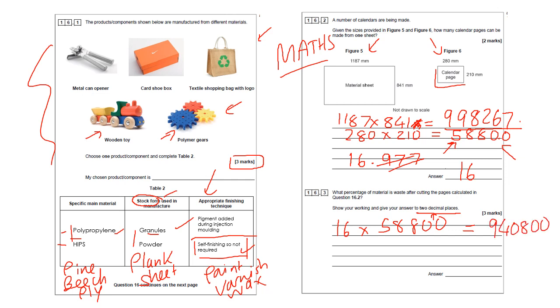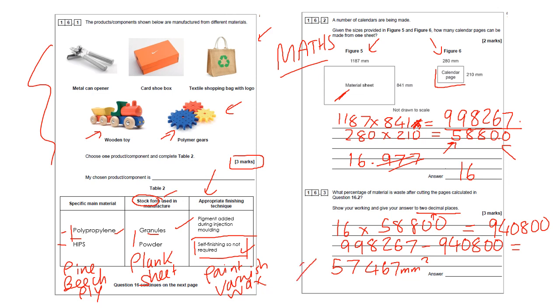940800. Then what you need to do is take them away from each other. So the total of the entire sheet, this sheet here, 998267 minus 940800, that gives you a leftover amount of 57,467 millimetres squared. That's left over, but it's asking you a percentage.